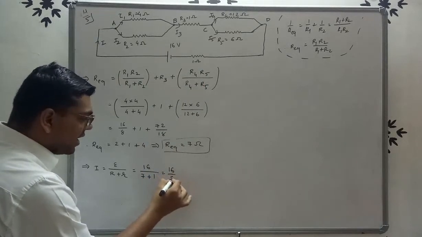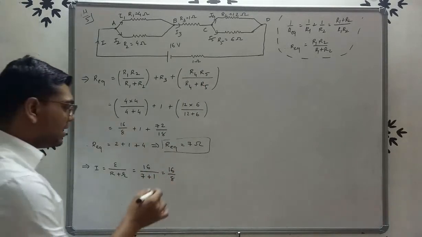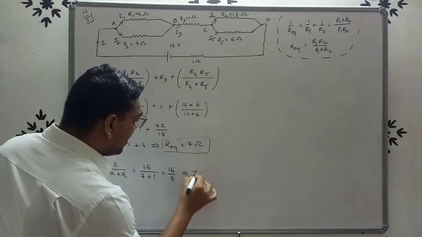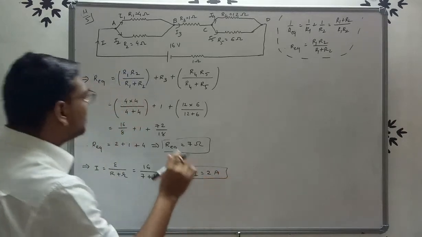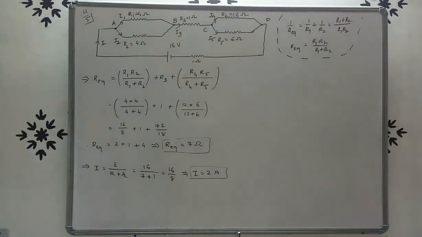So 16 by 7 plus 1, that is 8. So the current will be 16 by 8, so 2 ampere. So the total current will be 2 ampere.